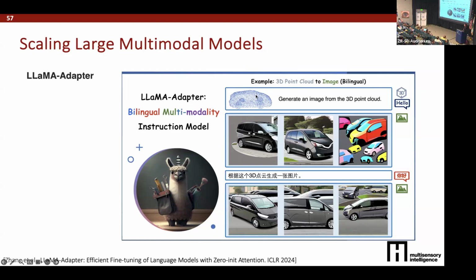So these adapters can be taking in 3D point clouds, through some representation and adapting that into the input of the LLM. It can be also taking in different languages, like in this case Chinese, and adapting that into the LLM. So that allows you to do very cool things like taking this 3D point cloud, give it a task of generating the image from this 3D point cloud, and it can generate the answer. And you can also do it for different languages.